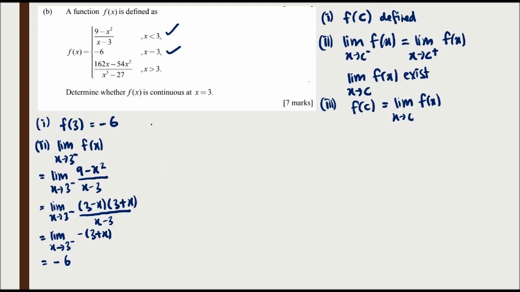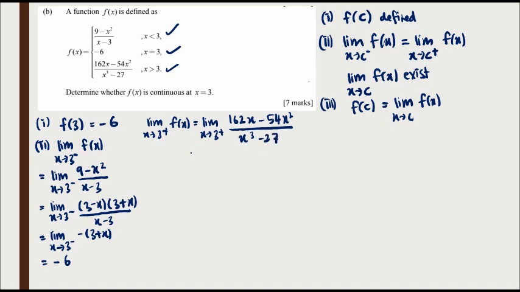Okay, so we check the second condition: the limit for x approaching 3 from the right of f(x). That function is the last function down here. So we have the limit of x approaching 3 from the right of 162x minus 54x squared, divided by x cubed minus 27.